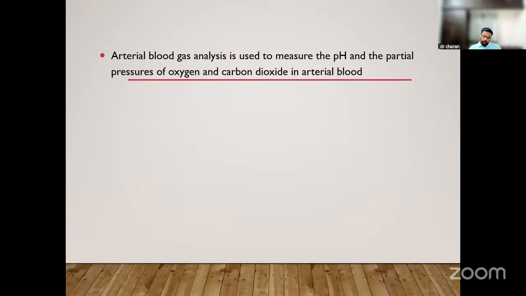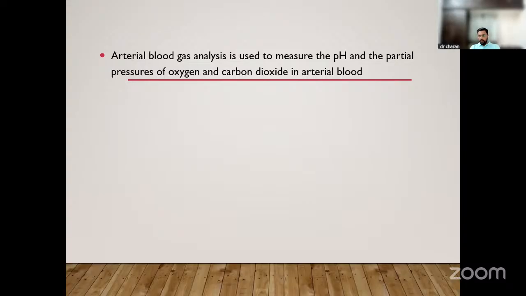One of the main parameters that we use to see how well this homeostasis is being maintained is the pH. To put it in a simple way, pH is nothing but the amount of acidity or alkalinity, the basicity, of the blood.